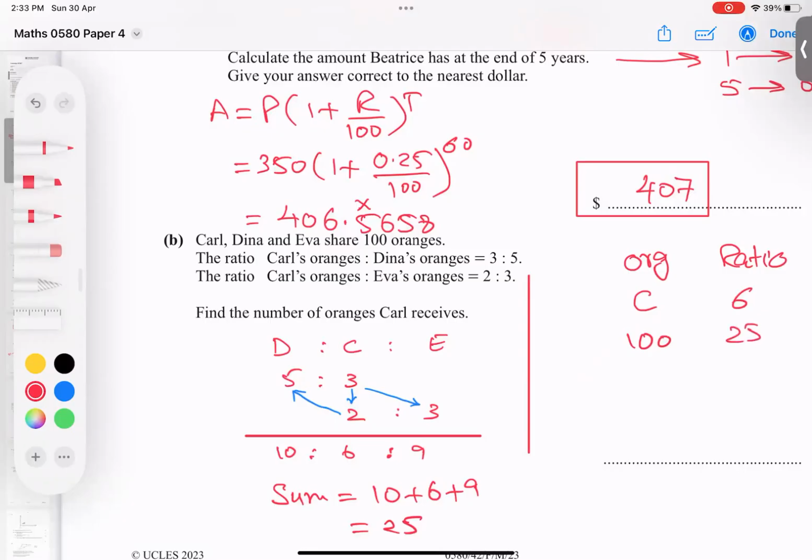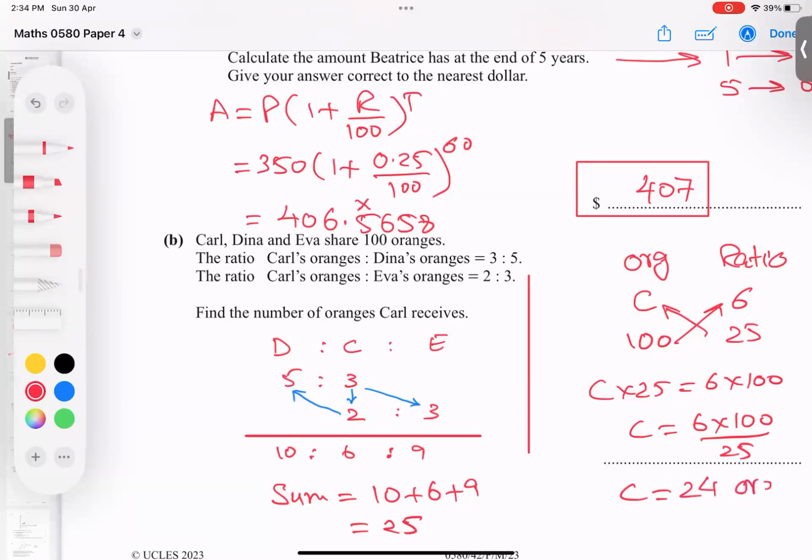I believe you got the point. So C times 25 equals 6 times 100. 25 will go down, and 6 times 4, so we get 24. So 24 oranges C will get.